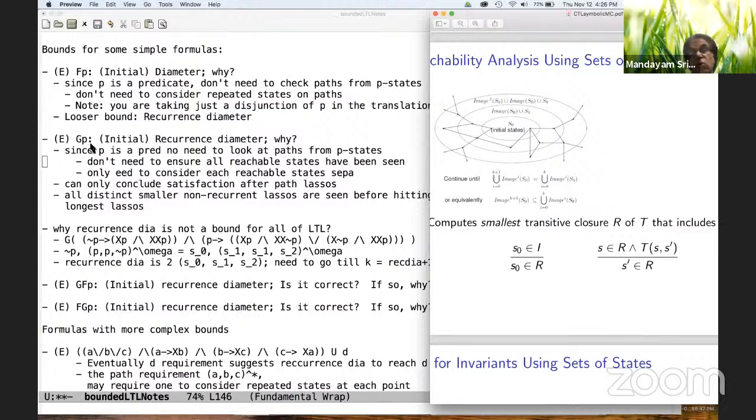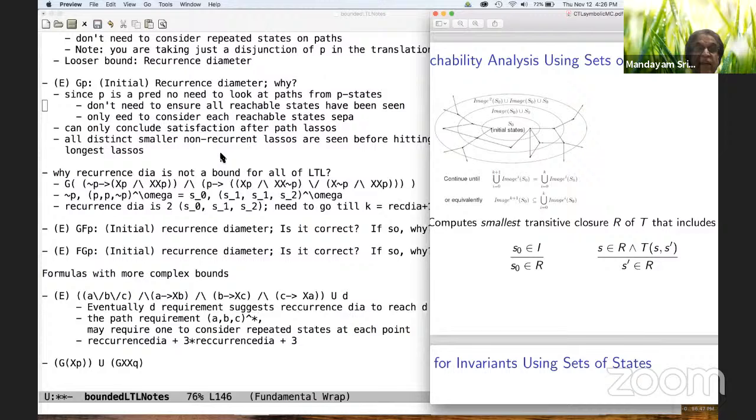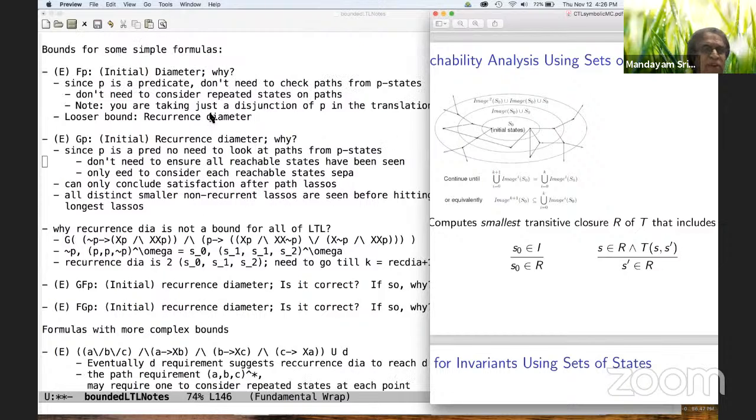So now the question is, when are the situations in which the recurrence diameter in general cannot be a large enough bound? I will take one example. If you combine even G with X, you will see that recurrence diameter is not good enough. Anyway, we had gone through this, but I'm restating it for FP and GP.